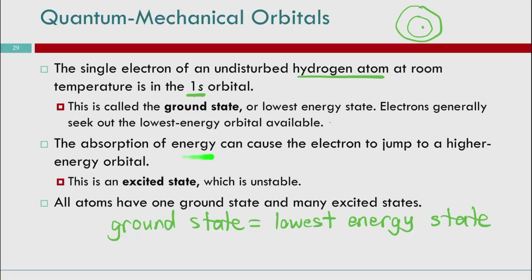If you give an electron energy, it will jump up to a higher energy orbital. And that's an excited state. So our excited state is an elevated energy state.